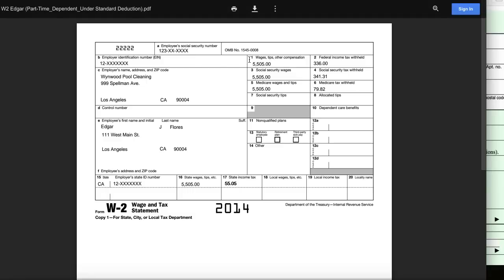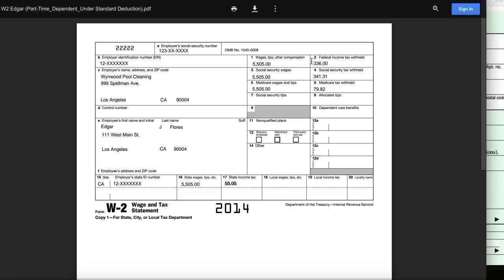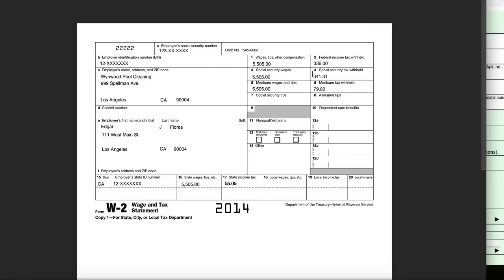On the right-hand side, you have different boxes that have numbers that correspond with the amount that the person made, so the wages, tips, and other compensation, as well as the taxes that were being taken out from the paycheck over the course of the year. So your federal income tax withheld, Social Security tax, and Medicare tax.